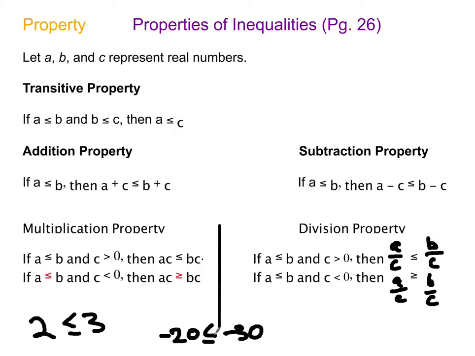And that's not actually true. -20 is a bigger number than -30. It's closer to 0 than -30 is. So this isn't true. But if I flip it, then it's a true statement. So if I multiply or divide by a negative number, I need to flip these inequality signs. That's what those properties talk about.